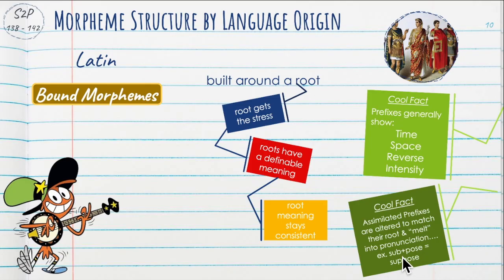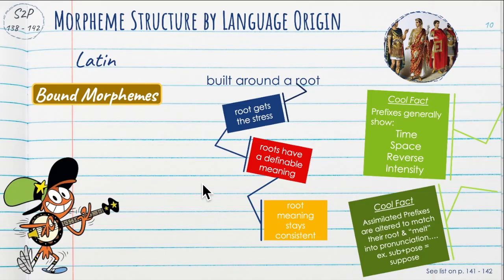And because of the way we form our mouth, we don't want to say b and p right after each other. Sub, pose is not easy to roll off our tongue. We just assimilated that spelling into a second P to make it suppose and easier just to keep that sound over. So that's an example of assimilation.